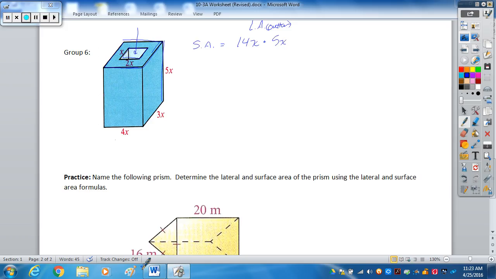I can physically touch down inside of that. And so I'm going to actually do the lateral area of the inside as well. And if I do that, the perimeter of the top base is going to be 2, 3, 4, 5, 6x, times again the height, which is 5x. Okay, that gives you the lateral area of the inner.